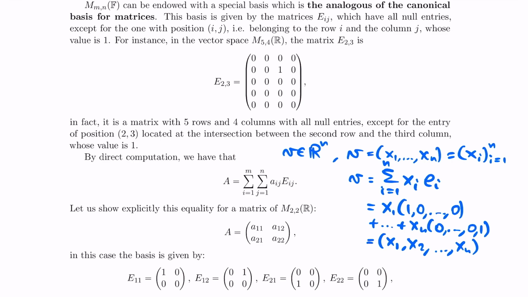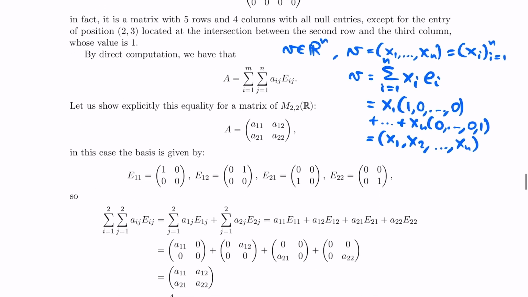Since matrices have two indices, we cannot expect to have exactly this decomposition here, but we must expect this decomposition here, and this is exactly what we're going to find. Let's prove it in the case of matrices 2 by 2.